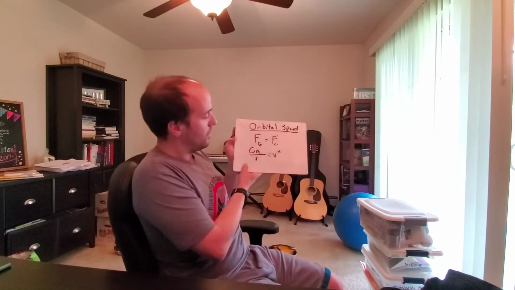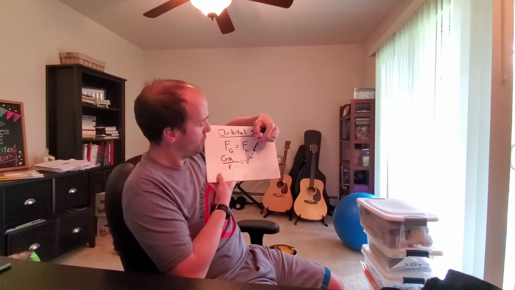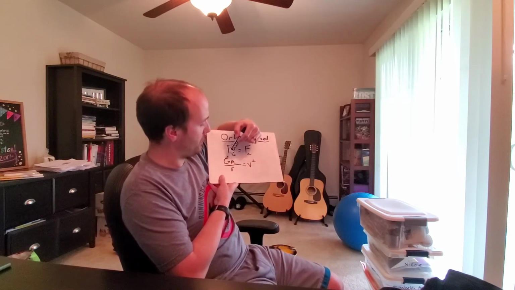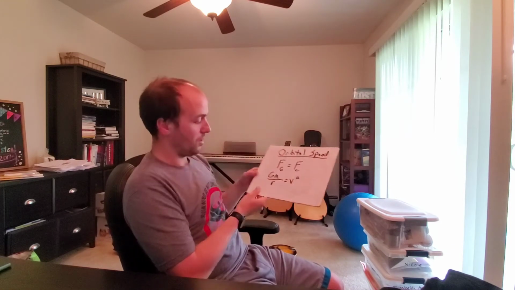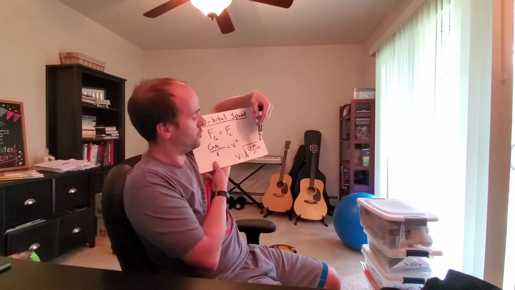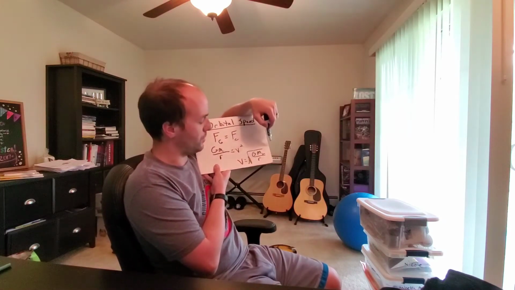And we're left with the orbital speed squared equals the gravitational constant times the mass of the sun divided by r. Square rooting both sides, we get v equals the square root of G times the mass of the sun divided by the distance between their centers, the radius of that circle.